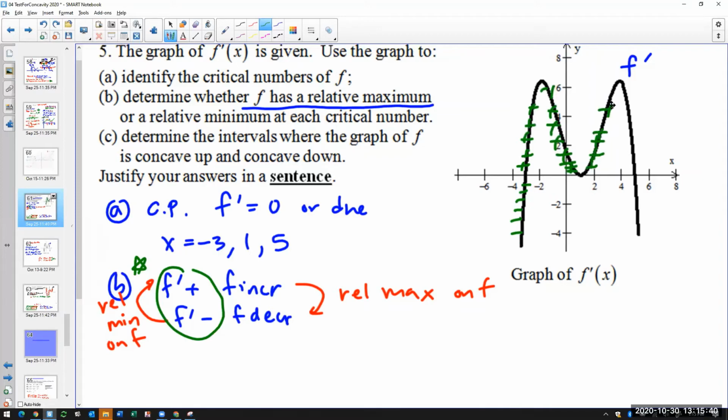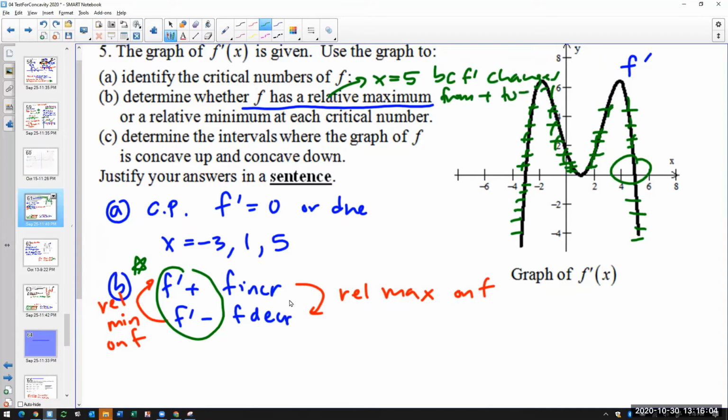So where am I going to change to negative? Right there. What is that x value right there? Is it a 5? So f has a relative max when x is equal to 5. What's the justification? Because f prime changes from positive to negative.